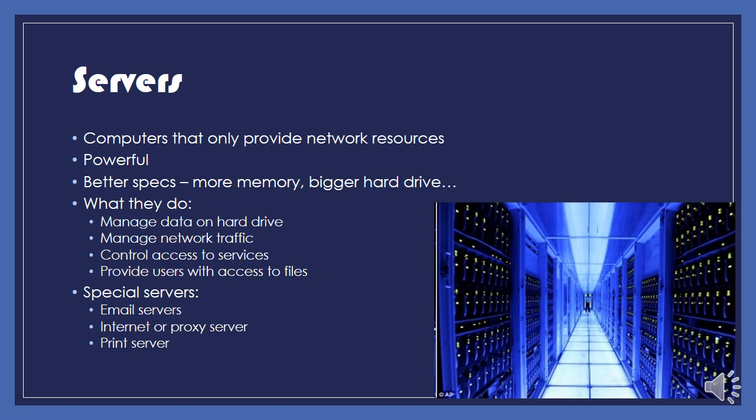You get special servers which have a specific role in the network, like email servers that control all the emailing on a network. You get internet or proxy servers which manage all the internet traffic going in and out of a network. And you get a print server which manages all the printing going on the network as well.